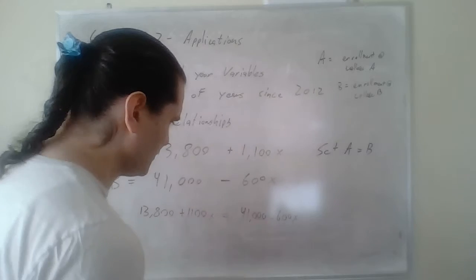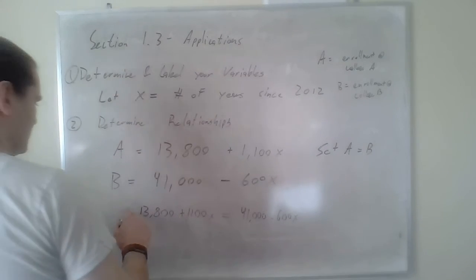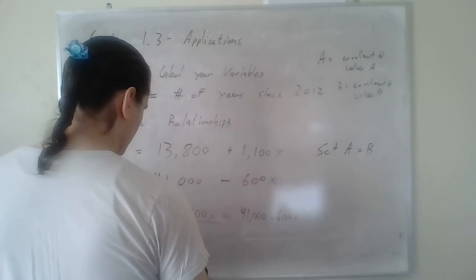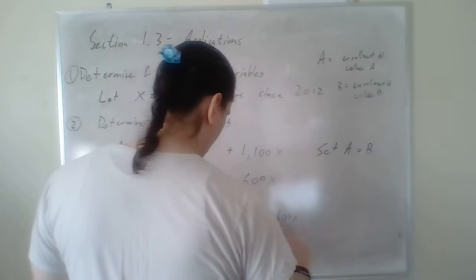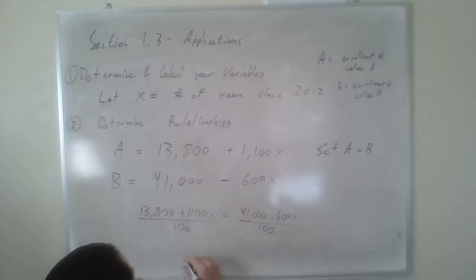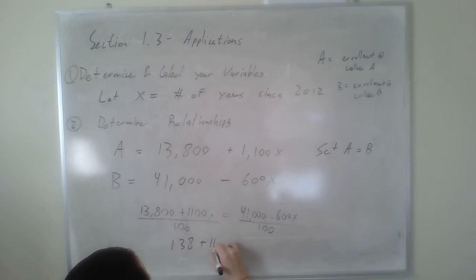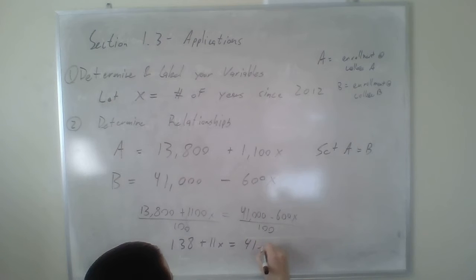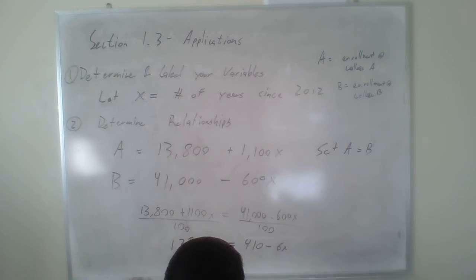The first thing I'm going to do to solve this particular story problem is divide everything by 100, because these numbers just have too many digits. So that'll give me 138 plus 11x equals 410 minus 6x.